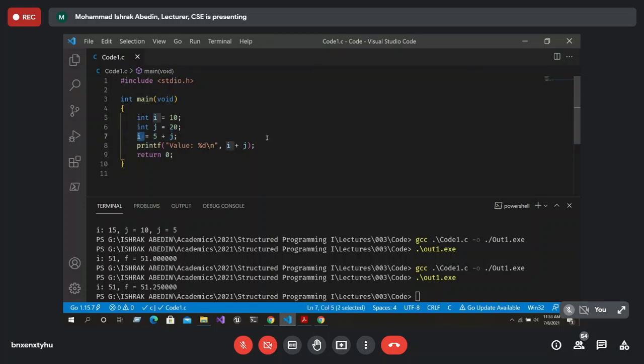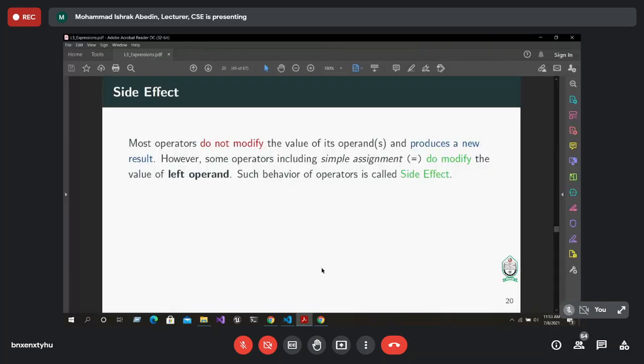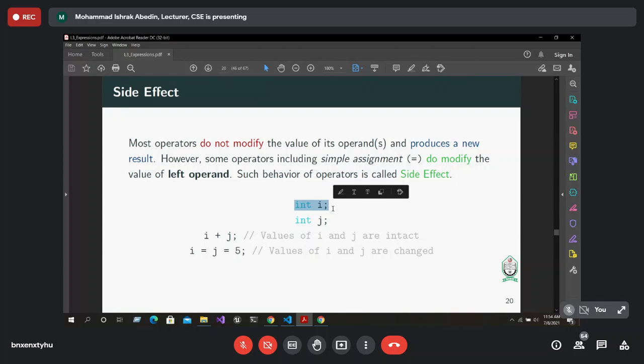So the assignment operator is actually modifying the value of i, right? In all those cases, the operators that actually modify the value of one or more of their operands are called operators with side effects. So the simple assignment operator is one of the operators with side effects.